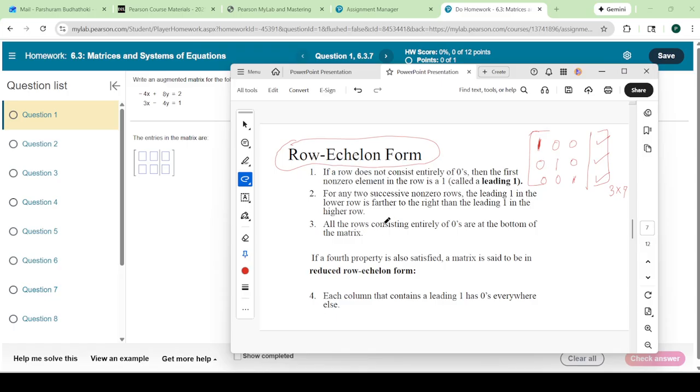All rows consisting entirely of zeros are at the bottom of the matrix. If a fourth property is also satisfied, the matrix is said to be in reduced row echelon form. Whenever you have this form, it's easy to solve a system of equations.